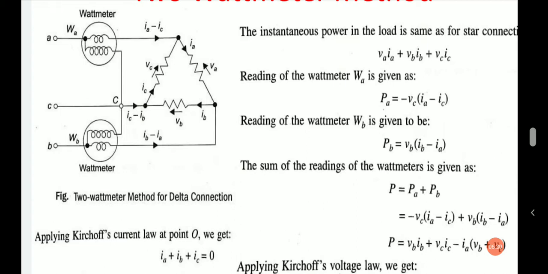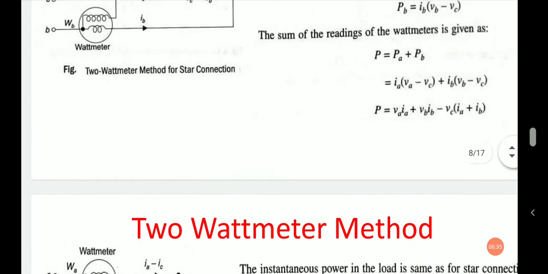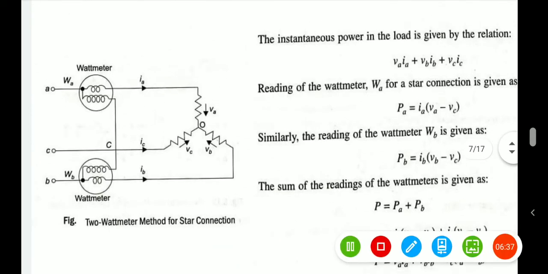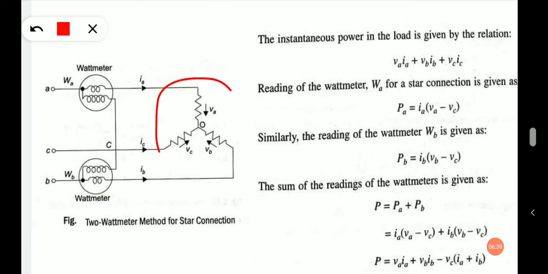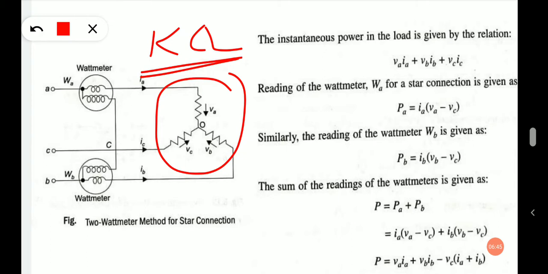Then applying Kirchhoff's current law at point O, KCL states that the incoming current equals the outgoing current at a particular point.